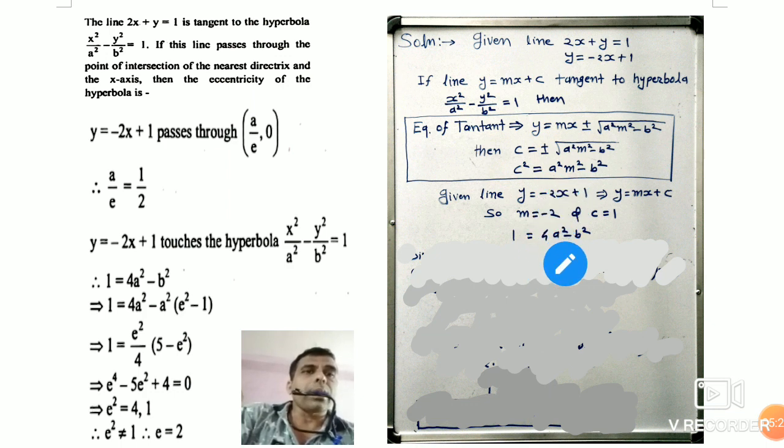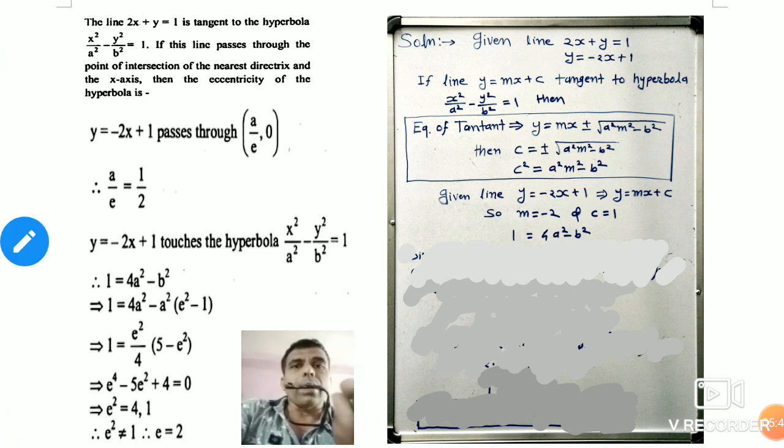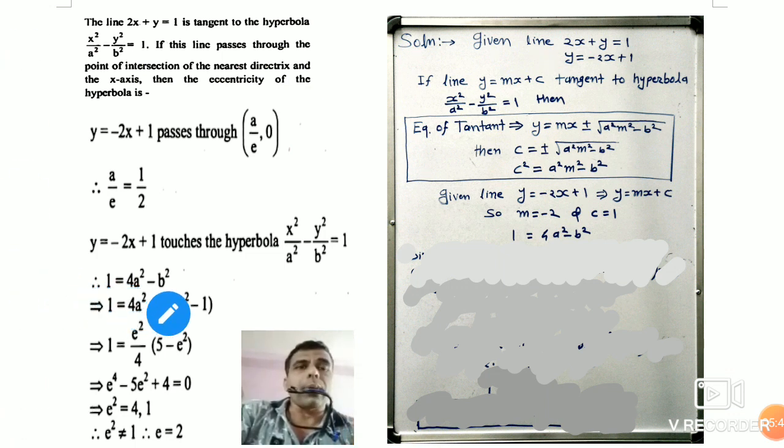So 4a square minus b square. This formula we get from here. This is the method to find the formula 1 is equal to 4a square minus b square.